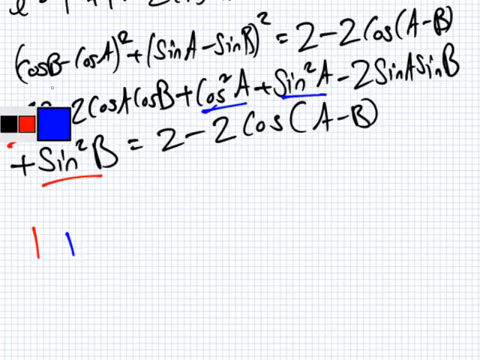And then also look, here you have minus 2 cos A cos B. Oh, but no, sorry, that's minus 2 sine A sine B. So they don't do anything.